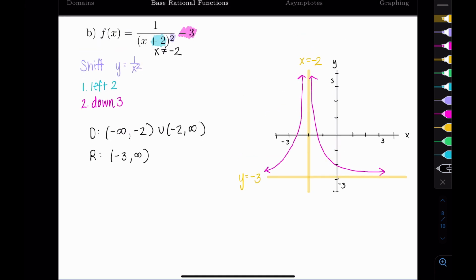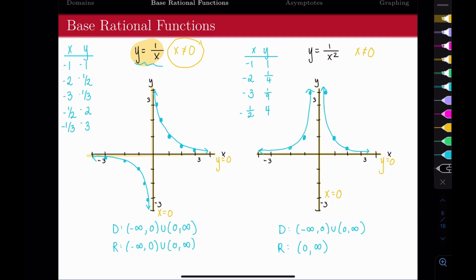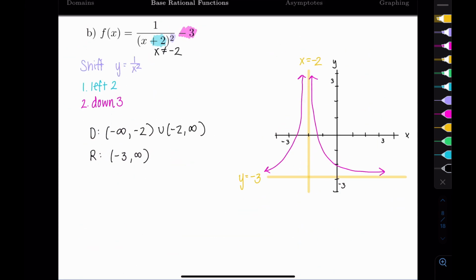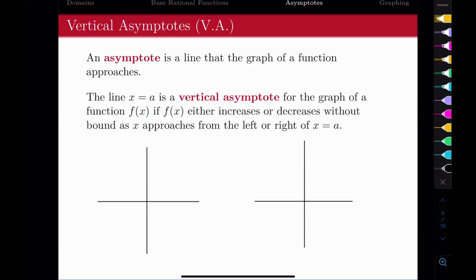So just going back to our graphs of these basic functions, when we pick numbers that were close to 0, both of these fractions get very, very large. They can be very large in a positive direction or very large in a negative direction. So what we say is that our function either increases or decreases without bound as we approach that value of x.